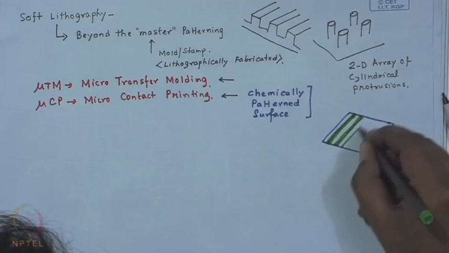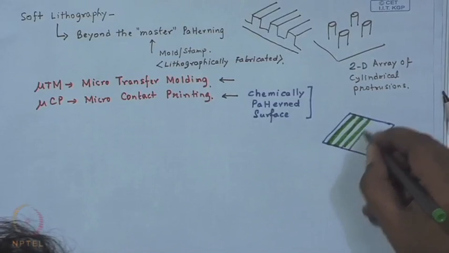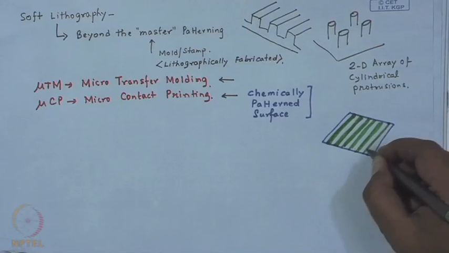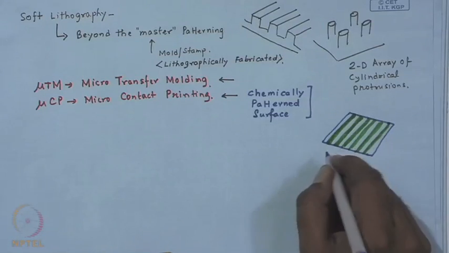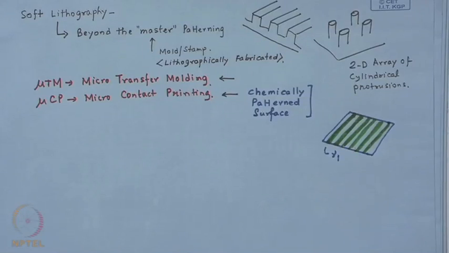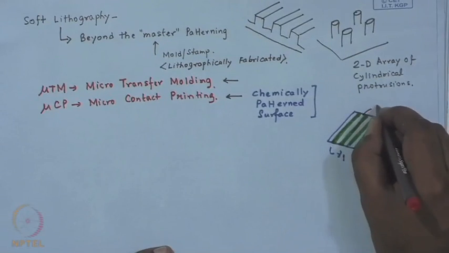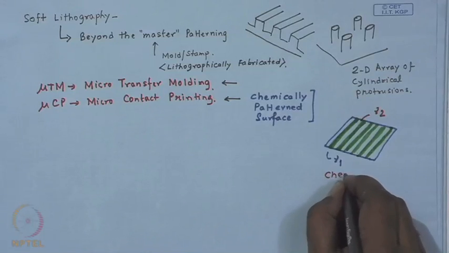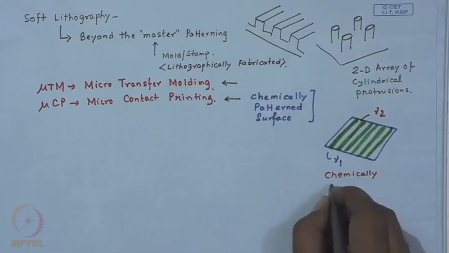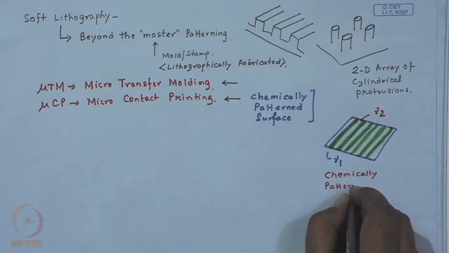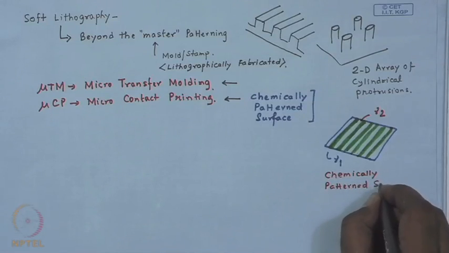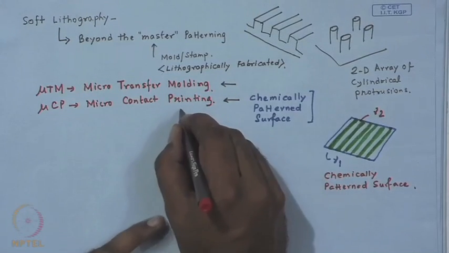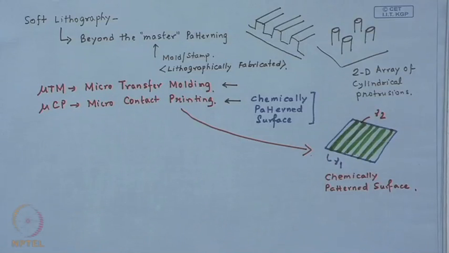Let us say these green patches correspond to zones which have surface energy gamma 1 as compared to a background surface energy gamma 2 of the surface. So, this is a chemically patterned surface, and the only method by which you can make such a surface is microcontact printing.